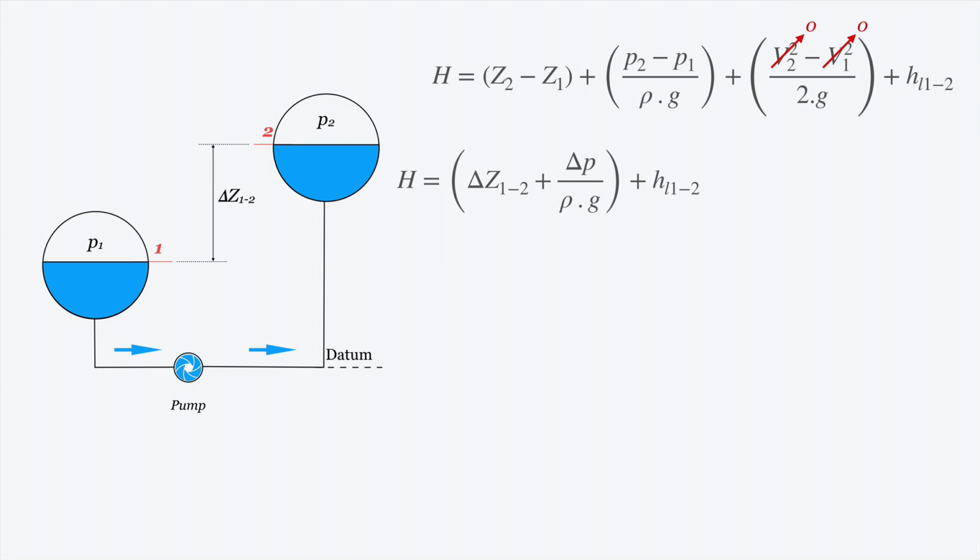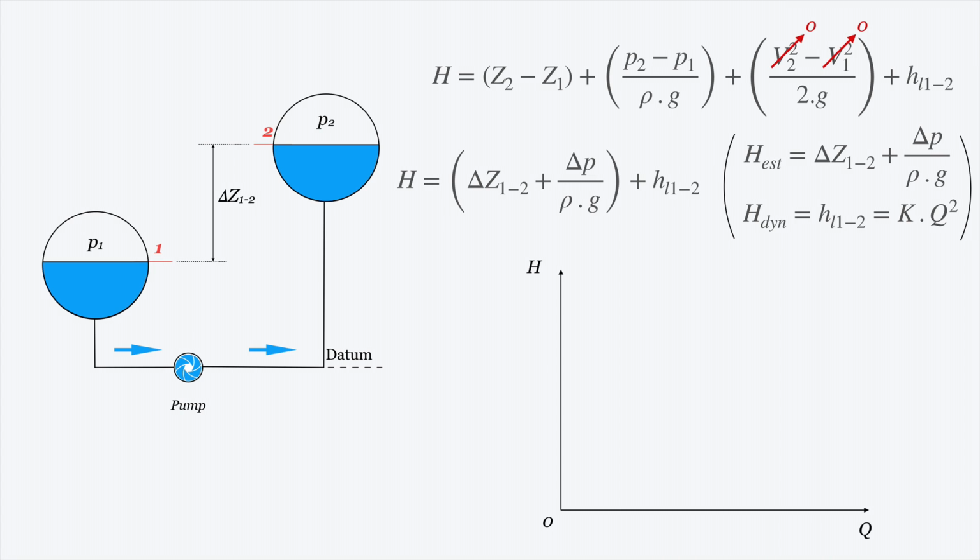Not only is the geodetic head part of the static head, but also the pressure head. So the static head will remain this way. This is the shape of the equation, while the dynamic head will be the same as we have seen before and will vary with the square flow rate or square velocity. Let's represent this in the curve, the system curve.